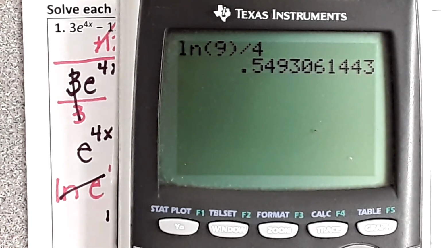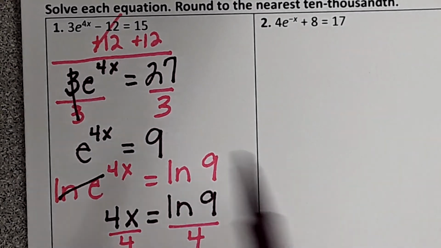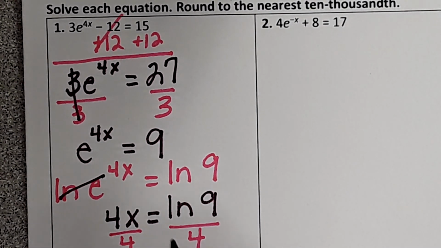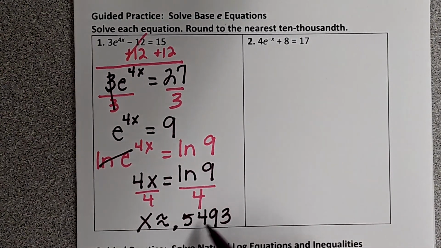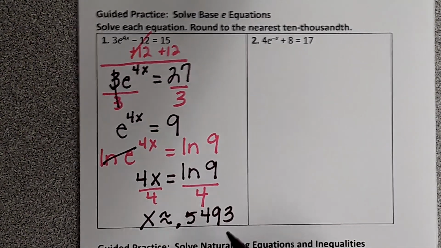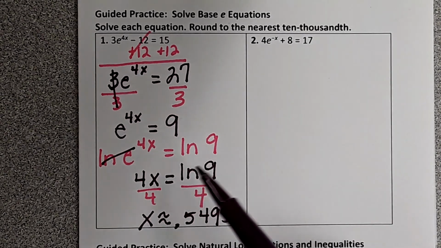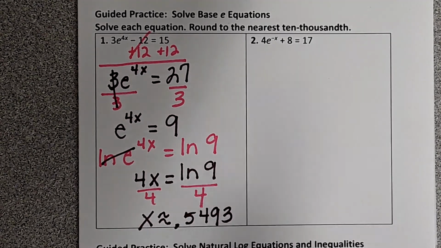Depending on what calculator you have, you put the number first and then the logarithm, or the reverse. So when we go to round this, it's approximately 0.5493. That's rounding to the nearest 10,000ths, 4 decimal places. Again, I did ln of 9 divided by 4.